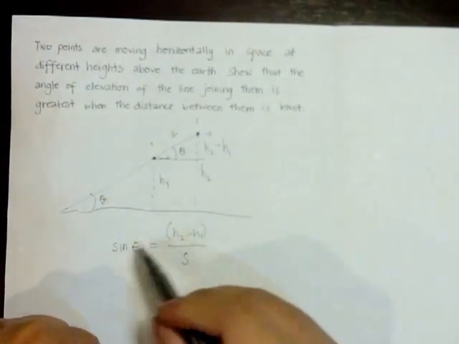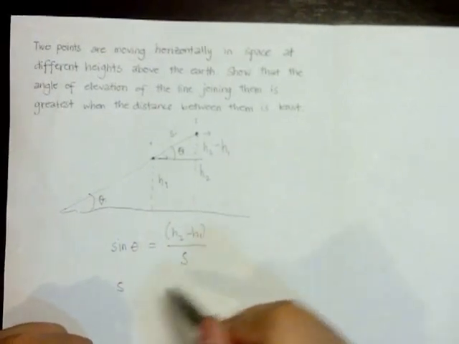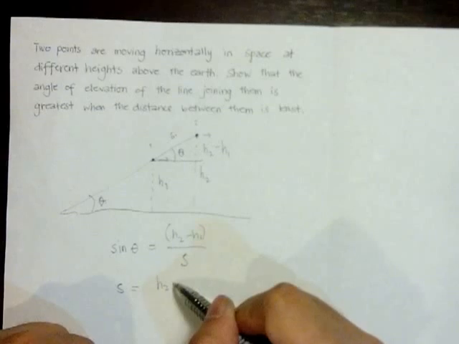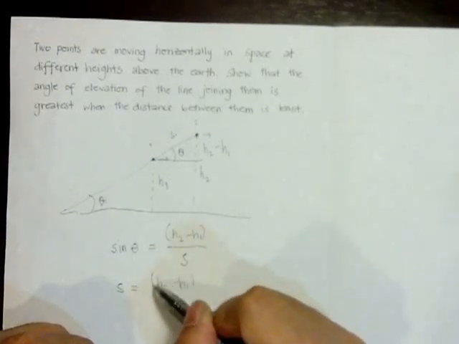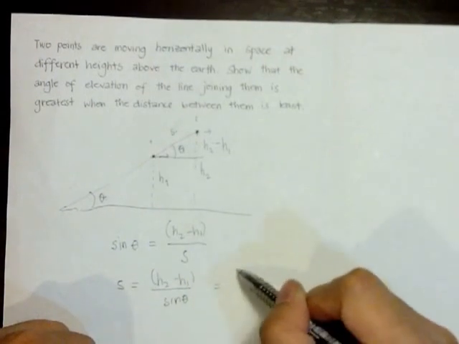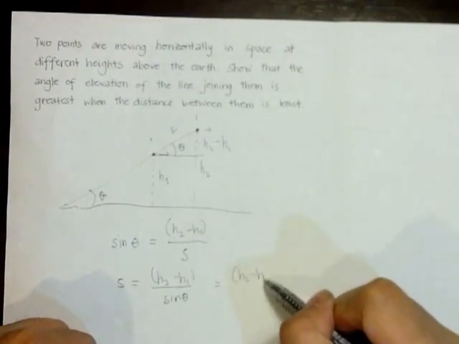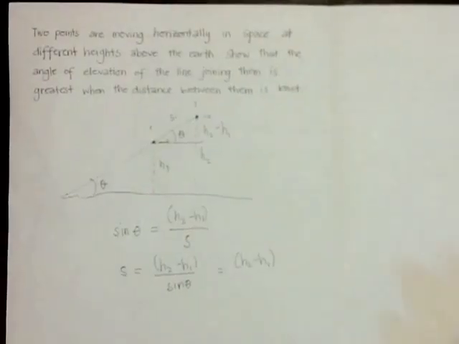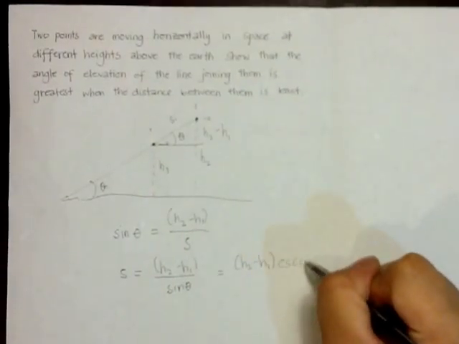So from here we have to cross-multiply. s is equal to h2 minus h1 over sine theta, or this is equal to h2 minus h1 times cosecant theta.